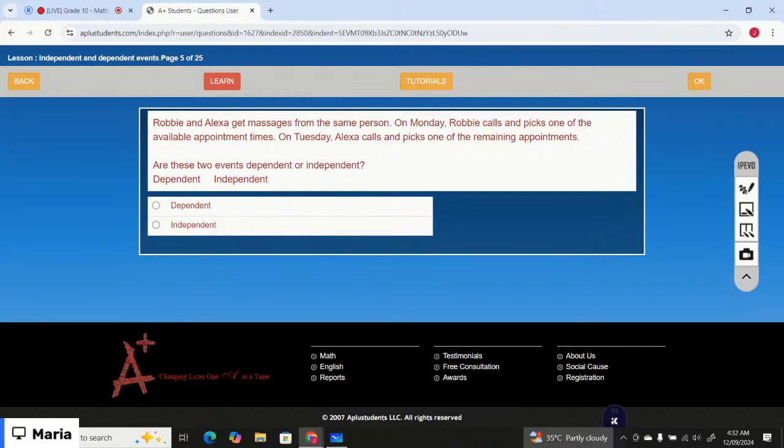Robbie and Alexa get massages from the same person. On Monday, Robbie calls and picks one of the available appointment times. On Tuesday, Alexa calls and picks one of the remaining appointments. Are these two events dependent or independent?